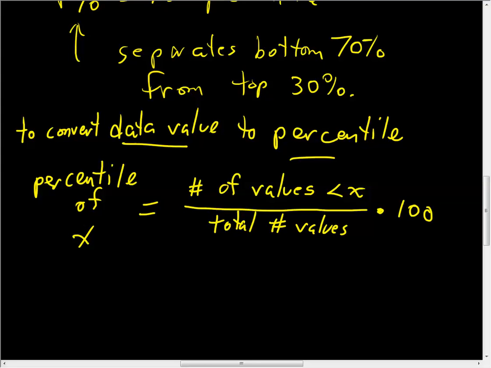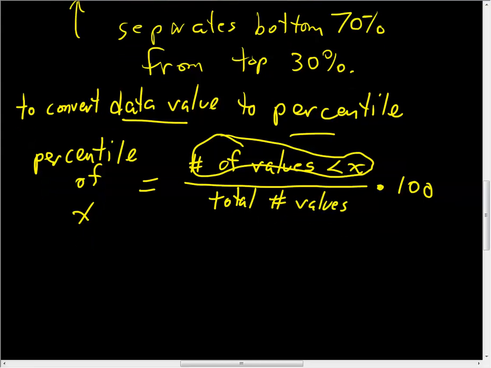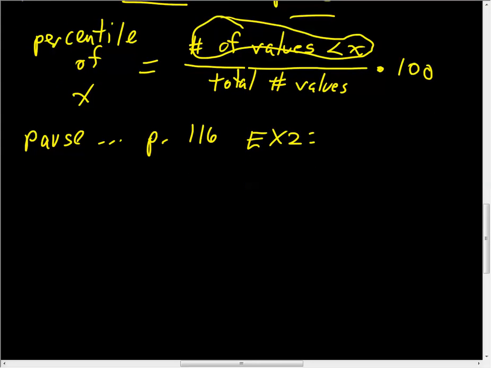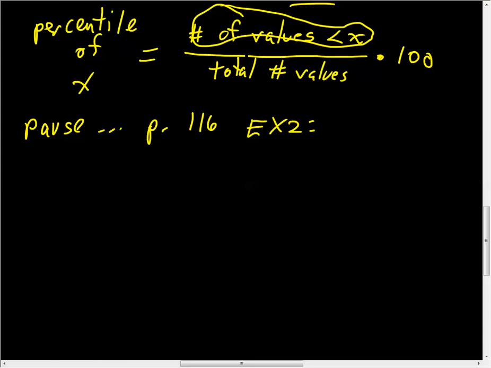Right? Well, to get this numerator, you've got to sort your data first, and what I want to do is cite an example in the book. Please pause and get your books out and turn to page 116, and we're going to look at example 2 on page 116. There you will see a bunch of data specifying movie budget values of 35 selected films, ranging from 4.5 million way up to 225 million or so.